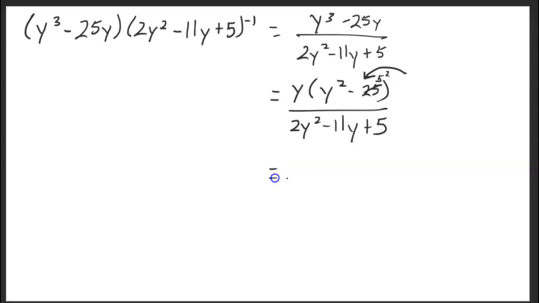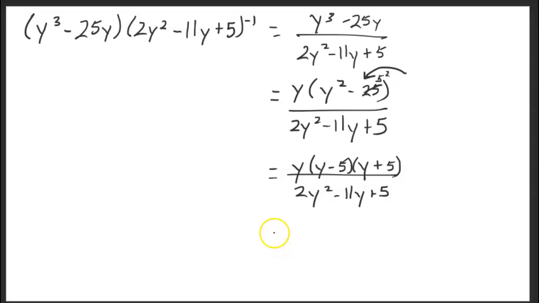So what does that mean? Well, the difference of squares is two binomials that are exactly the same, but they have opposite signs inside. Right? And now, in the numerator at least, I've done all the reducing, simplifying that I can think to do.